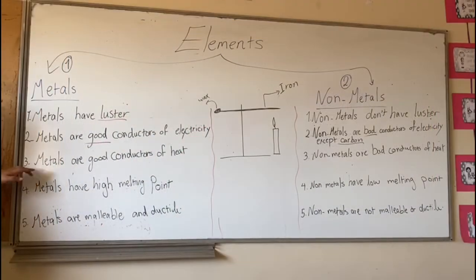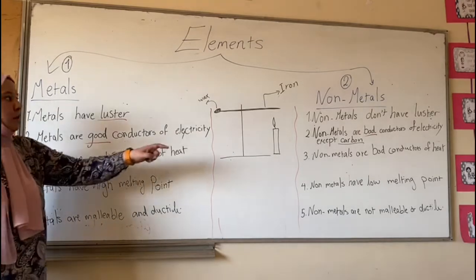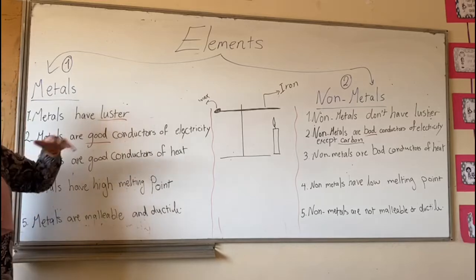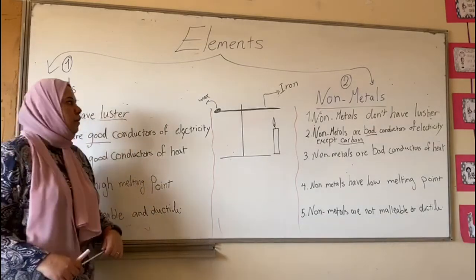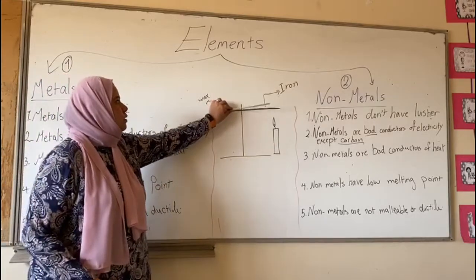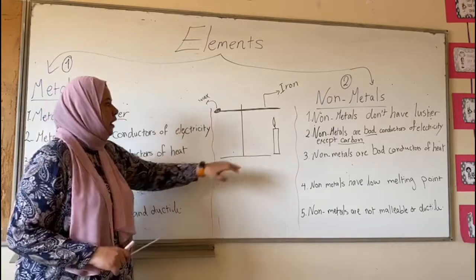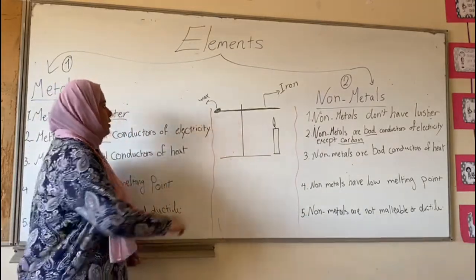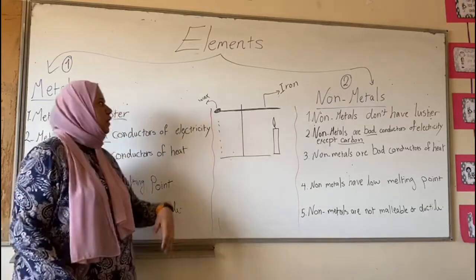Property number 3. Metals are good conductors of heat. Non-metals are bad conductors of heat. Let's make an activity to prove that. We need an iron rod attached to a piece of wax, a candle. After a while, you find the wax will melt. Why?